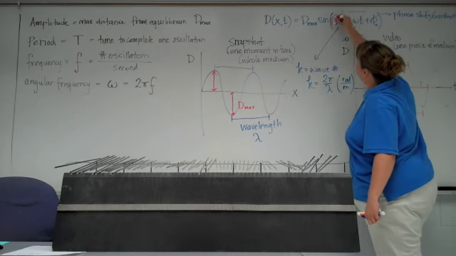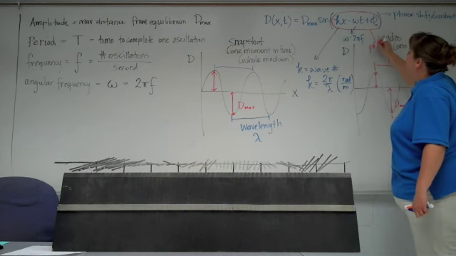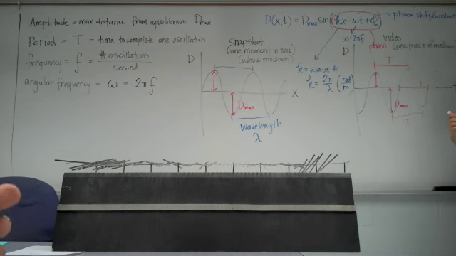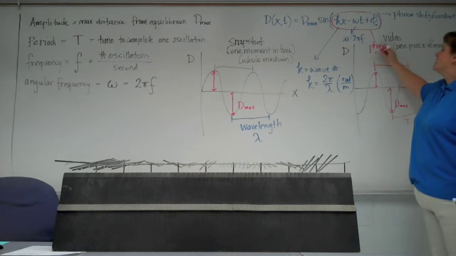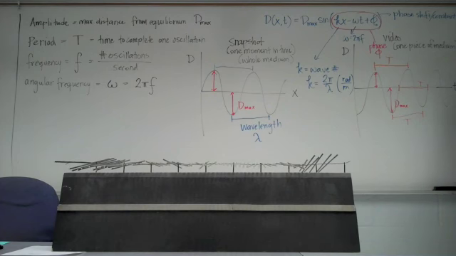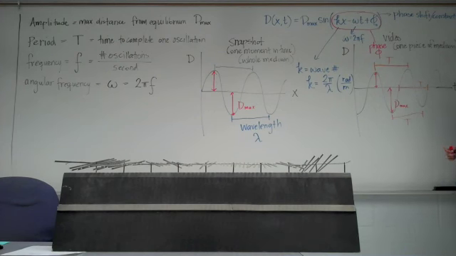This whole term is called just the phase itself. Not the phase shift, not the phase constant, just the phase. Your book uses a phi without a subscript to designate that. We'll talk more about that a little bit later. So this is the generic form to describe the wave.